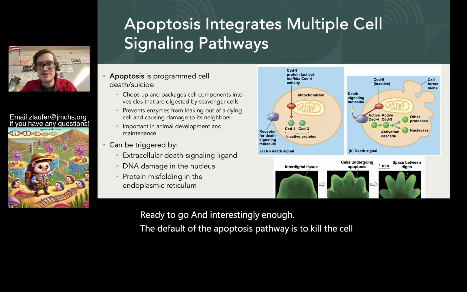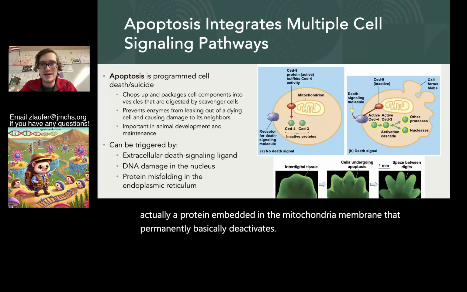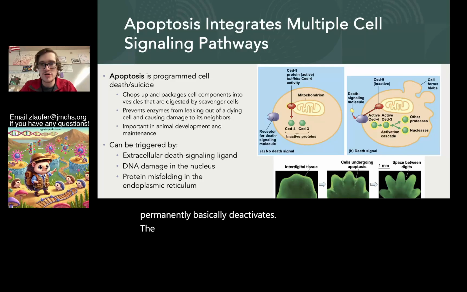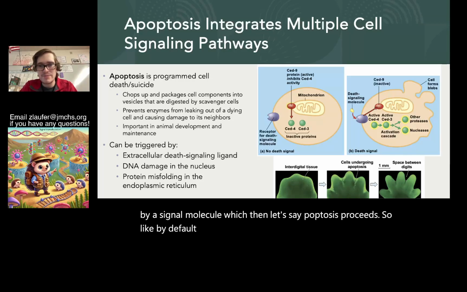There's actually a protein embedded in the mitochondria membrane that basically permanently deactivates the apoptosis protein pathways. And that protein gets deactivated by a signal molecule, which then lets apoptosis proceed. So by default, apoptosis wants to happen, and our cells are actively stopping it.